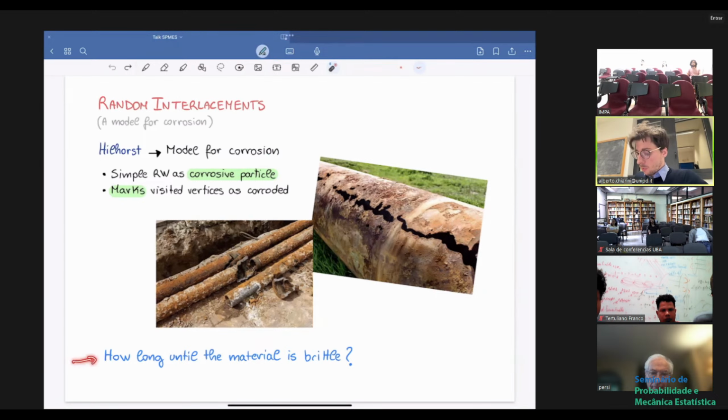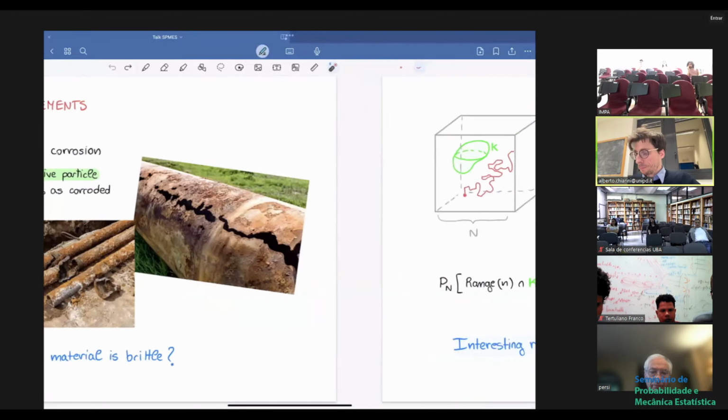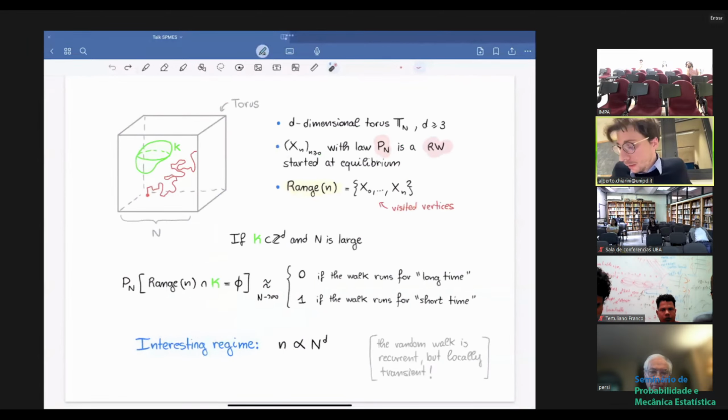And one of the initial questions was how long does it take for a material that is corroded by a simple random walk to become brittle, to become disconnected? This is the model that was proposed.